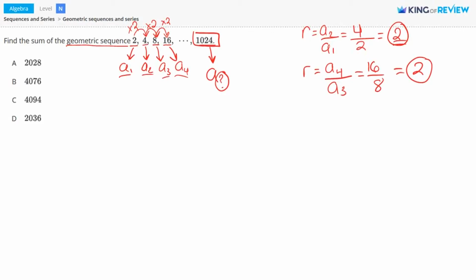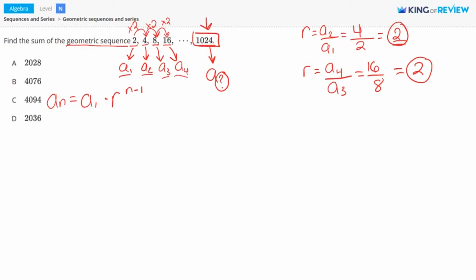Now again, we're trying to find what term 1024 is. To do this, we'll use the rule for the geometric sequence. This rule is An equals A1 times r to the n minus 1 power, the nth term of a geometric sequence with A1 as its first term and r as the common ratio.